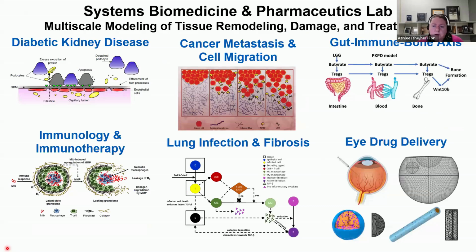So these are a smattering of the different applications we've pursued in the last several years. I will tell you a bit of our diabetic kidney disease story later today. I won't be able to spend any time talking about cancer metastasis and cell migration, but that's a very active area in my lab. I also won't have time to talk about our work related to nutritional supplements that we bring in through the digestive system.